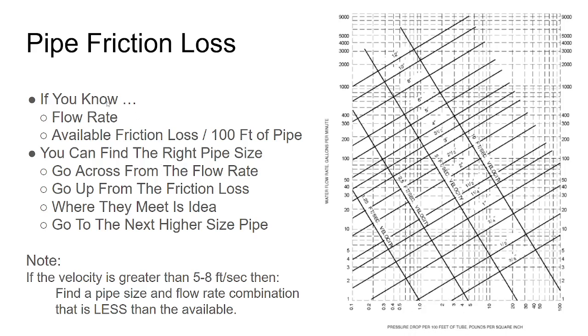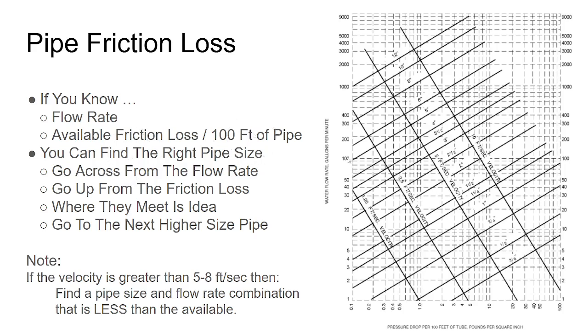So if I know the flow rate and I know how much friction loss in each 100 feet of pipe I can handle, that's your available friction loss per 100 feet of pipe, I can find the right pipe size.